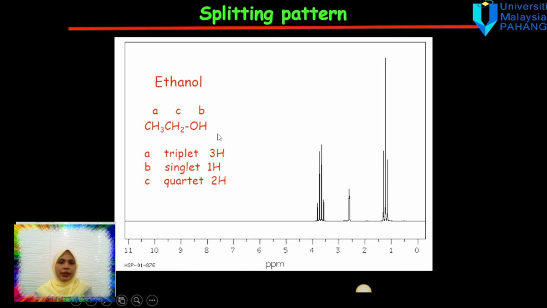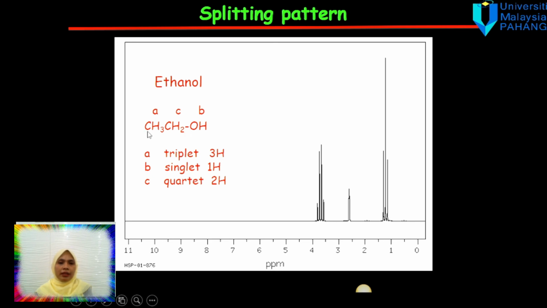Based on how we identify this signal, it always appears as a singlet. Now we see this methyl signal. Where should it appear? It will appear in the upfield region because it is further away from the hydroxyl group. This one is more downfield because it is directly attached to the hydroxyl group.